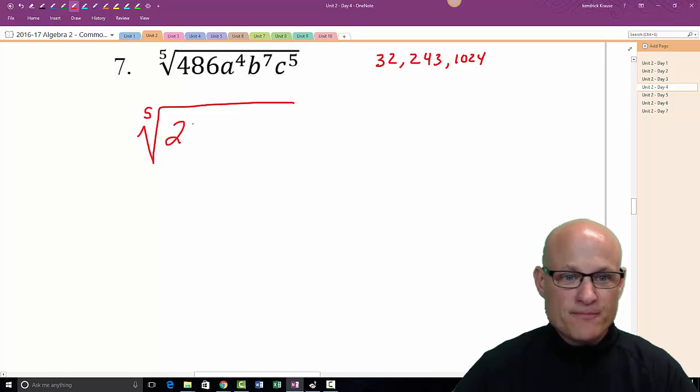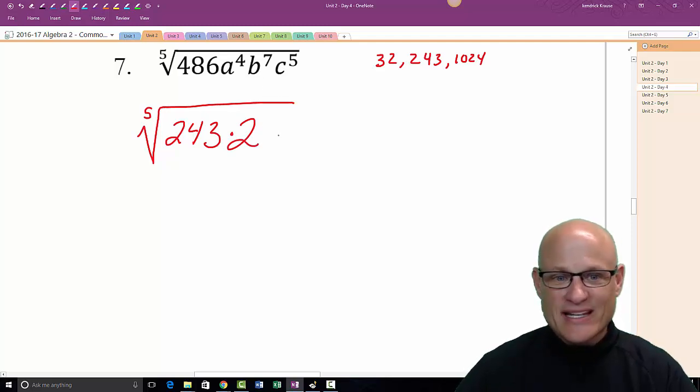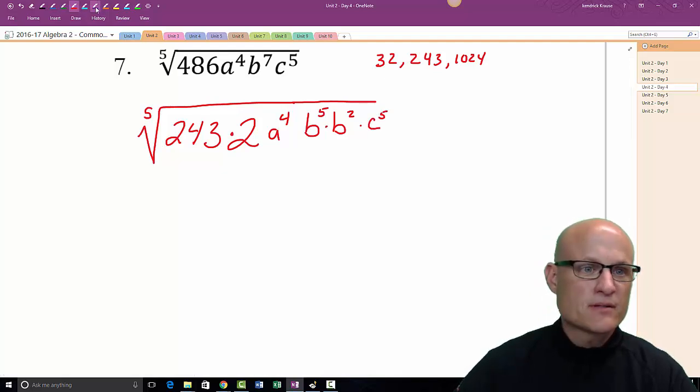So 243 times 2. Now I'm looking for groups of 5. Well, I can't do anything with a, so it doesn't even have a group of 5, so a to the fourth. But b and c, I can do a little bit with b of those. b to the fifth, b squared, and then c to the fifth. Okay.